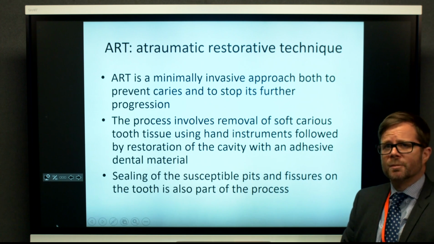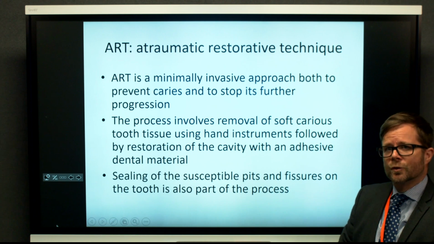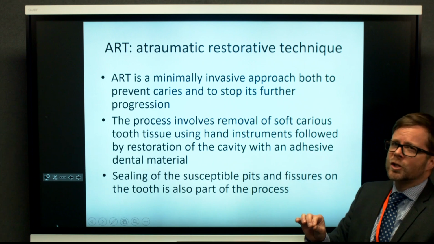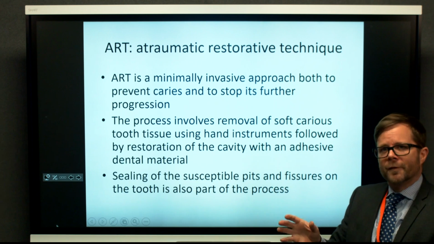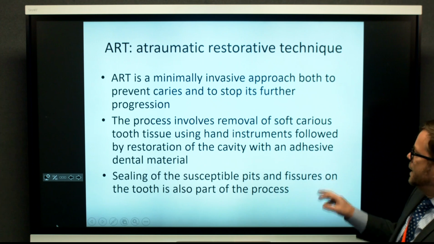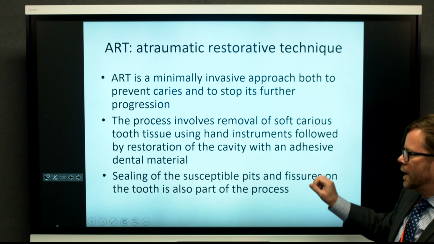Whereas with a handpiece, particularly a high-speed handpiece, you can continue drilling through the tooth with very little sensitivity. You won't be able to determine the change from affected dentine into sound dentine, for example. So it's a hand instrument process only.